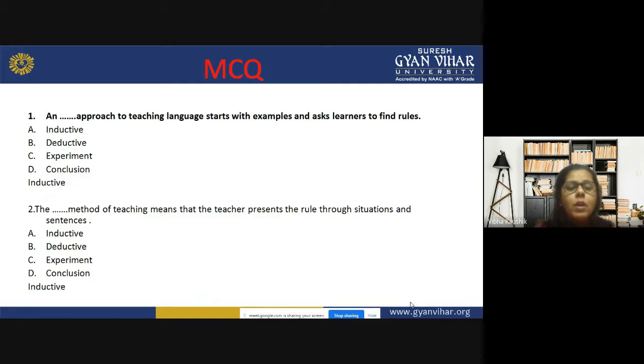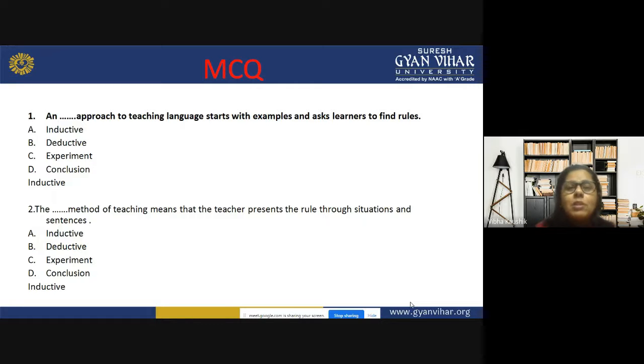Now the second one: the dash method of teaching means that the teacher presents the rules through different situations and sentences. Which method is this? The options are A. Inductive, B. Deductive, C. Experiment, or D. Conclusion.